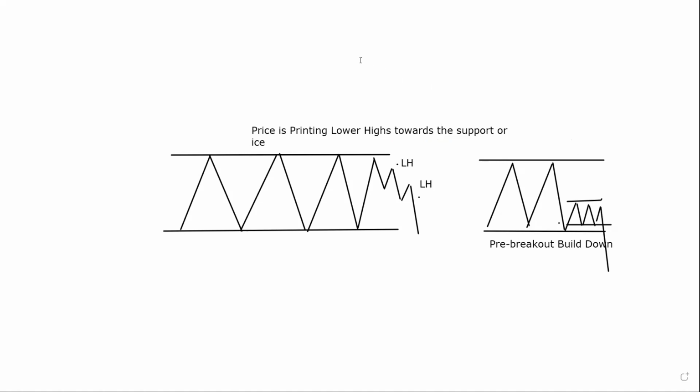And the third characteristic is during the breakout move, once the price breaks out, for example this move here, what you will notice? Increase in spread, increase in volume, and price closing near the lows on down bars.